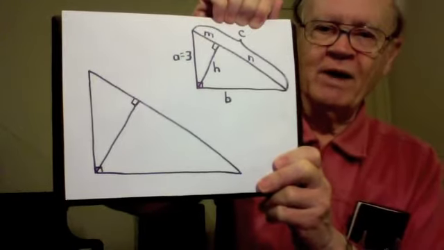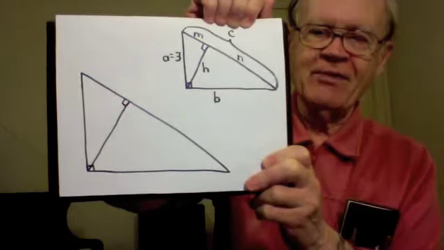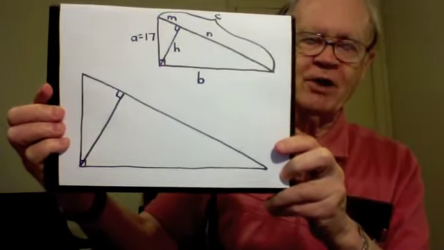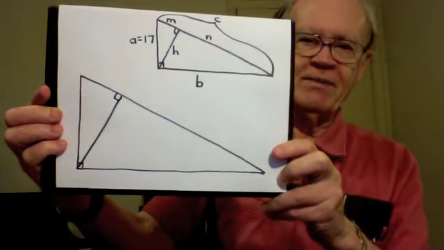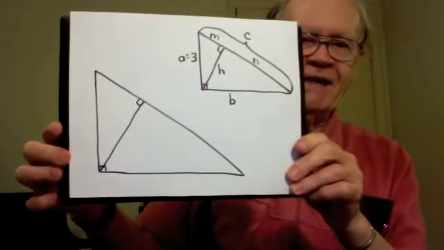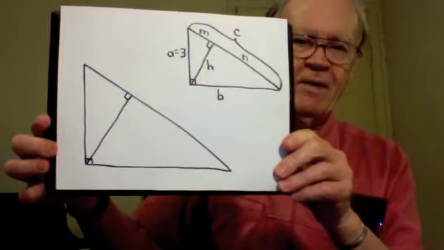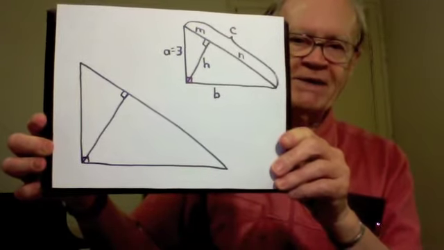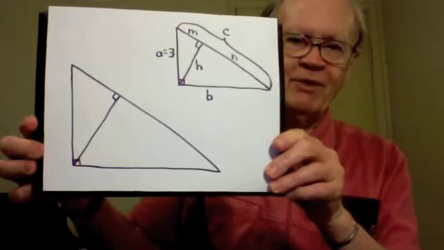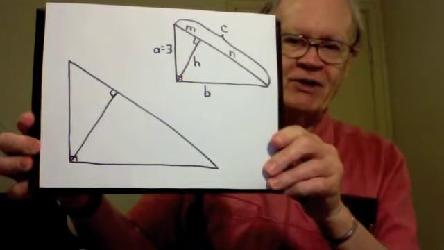So I had one situation in which the shorter leg a has length 3, and then a harder challenge to go with it, in which the shorter leg A has length 17. I said that in each situation there is exactly one number pair B, C, in which both B and C are whole numbers, so that A, B, and C satisfy the Pythagorean equation.